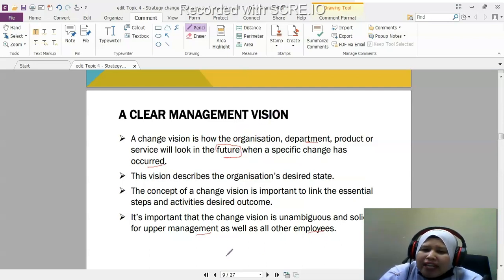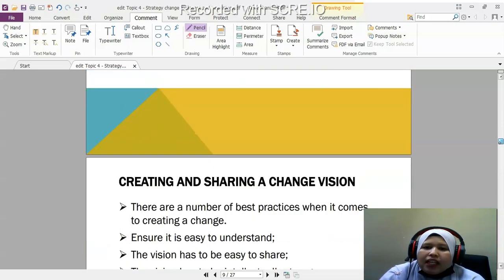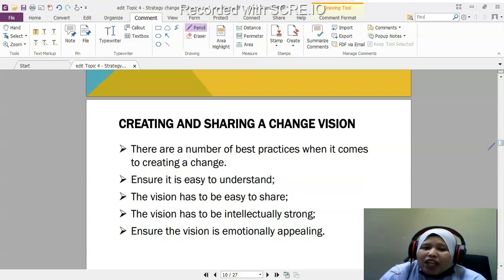The subordinates, the lower level employees, should know clearly what the vision of the company itself is. So next is creating and sharing a change vision. If there is a change in the vision of the company, the top level management should ensure that the subordinates know about the changes also.